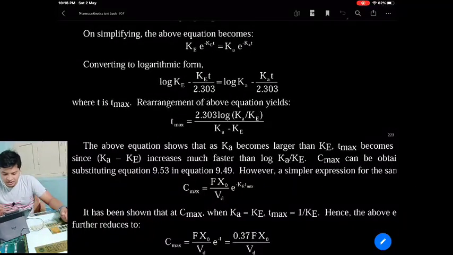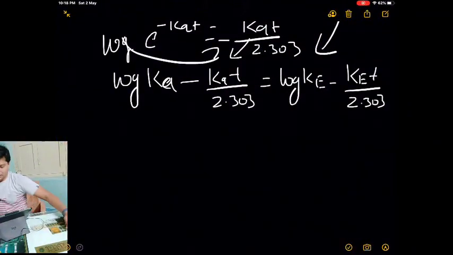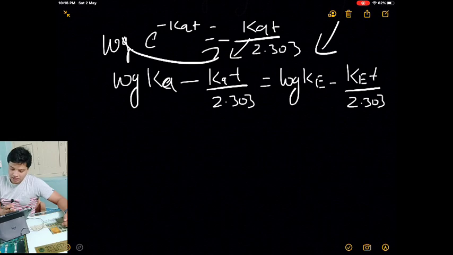Now rearrange the above equation and solve for t. How can we do this? I will take all the t terms on one side and the ka and ke logarithms on the other side.